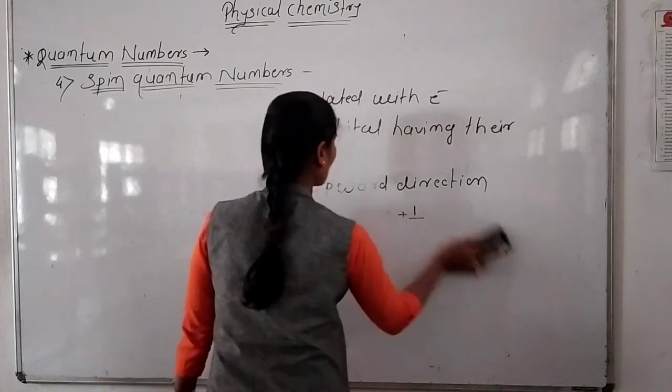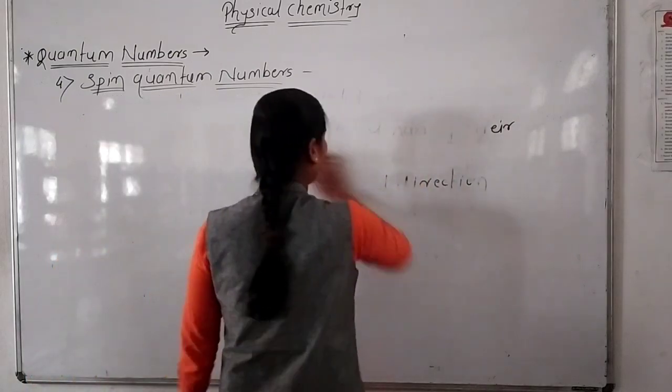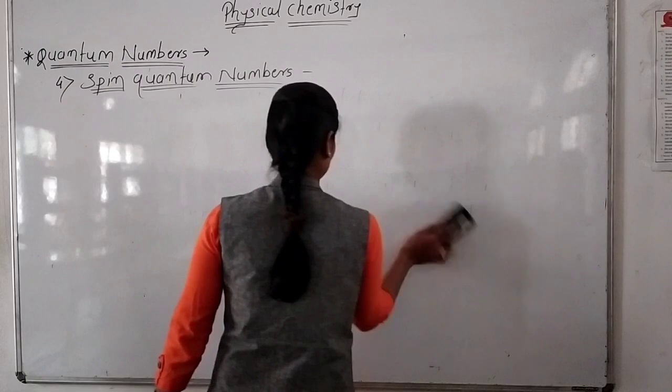And how do we calculate the spin value of an electron?